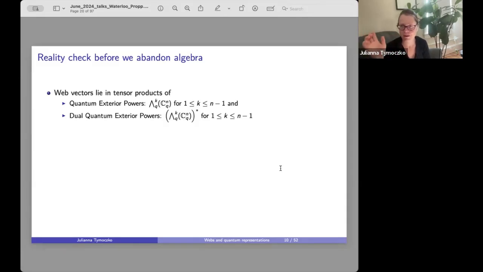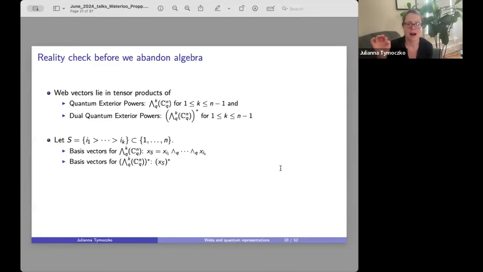If you care about concrete representation theory, for my tastes, I've already talked too much about representation theory, but if you care, the web vectors themselves lie in some tensor product of either a quantum wedge product or a dual of this quantum wedge product. That is why I am going to start labeling edges not just with numbers. I'm going to refine this labeling with essentially binary vectors.